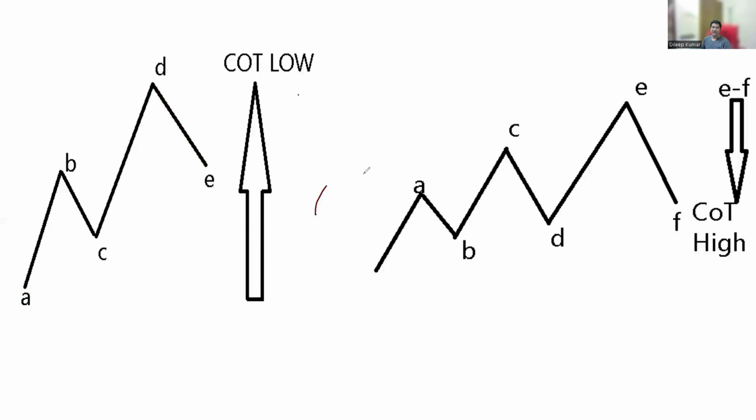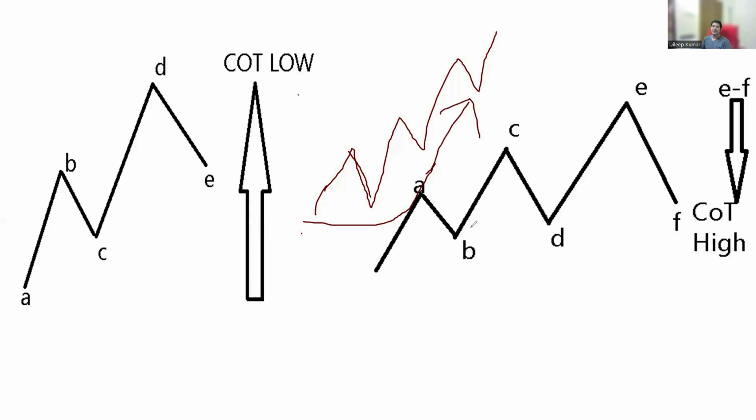In a bullish trend, the COT low has to be as positive as possible. That tells us there are enough buyers pushing the prices upwards, and the COT high has to be generally negative, though sometimes it will be positive also.